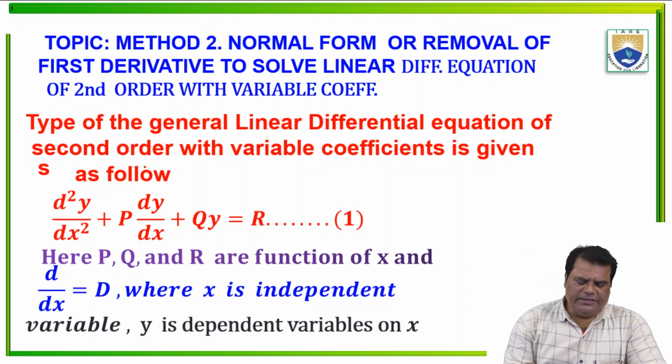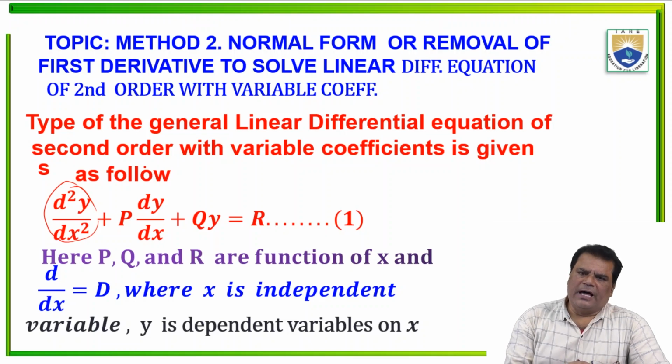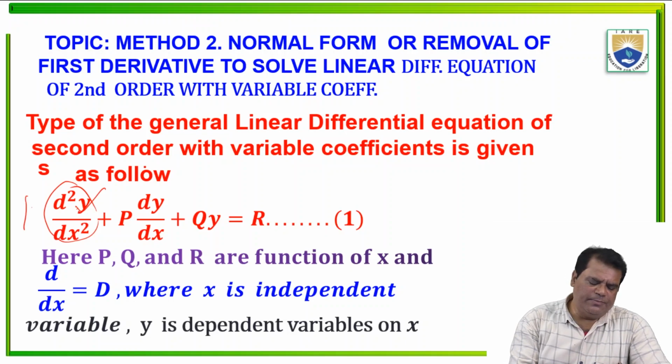So our general differential equation is d2y over dx2. We have already discussed this differential equation in the last method. This is the second order derivative of y, d2y over dx2. One is multiplied before this.